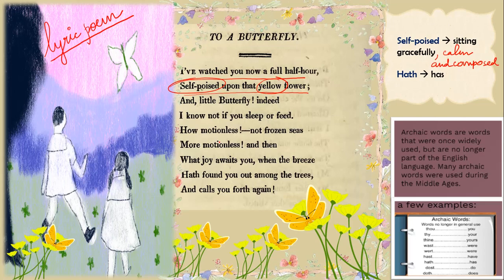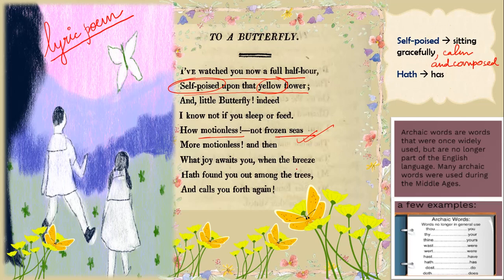It is so motionless that the frozen seas are not as motionless as the butterfly is. So he makes a comparison between the sea and the butterfly, and he says that even a frozen sea is not as still, as poised as the butterfly is.